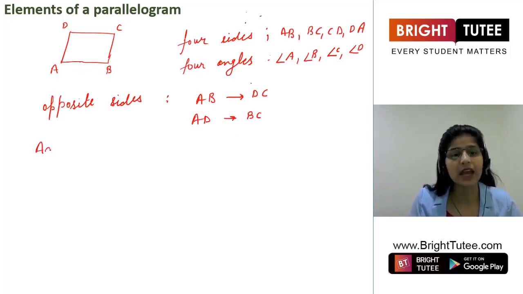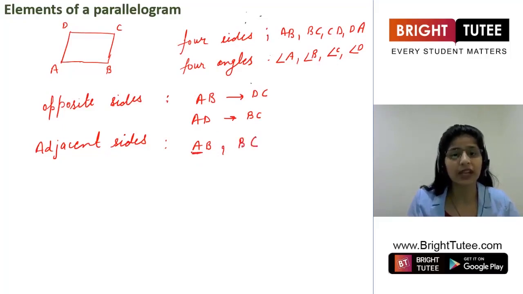Then comes adjacent sides. What about adjacent sides? Adjacent sides are like, if I talk of AB with the same vertex A, right? AB is starting with A, and from B we have another side, that is BC. So AB and BC are adjacent sides. That means the second side is starting from the final point or the ending point of the first side. Clear?